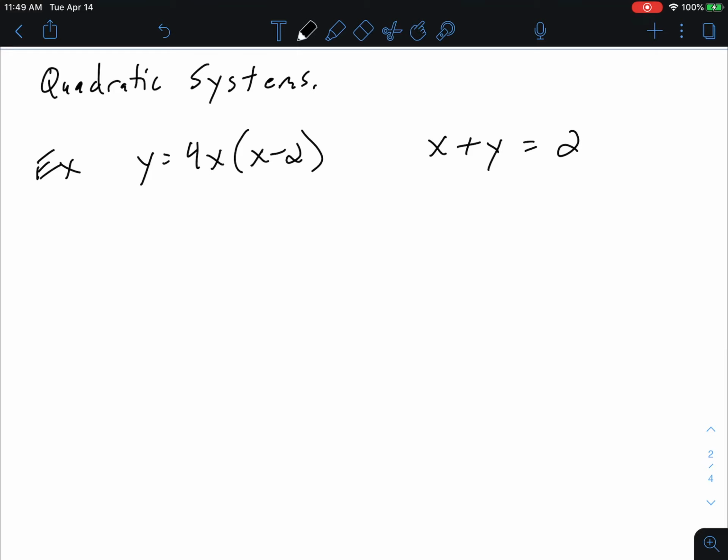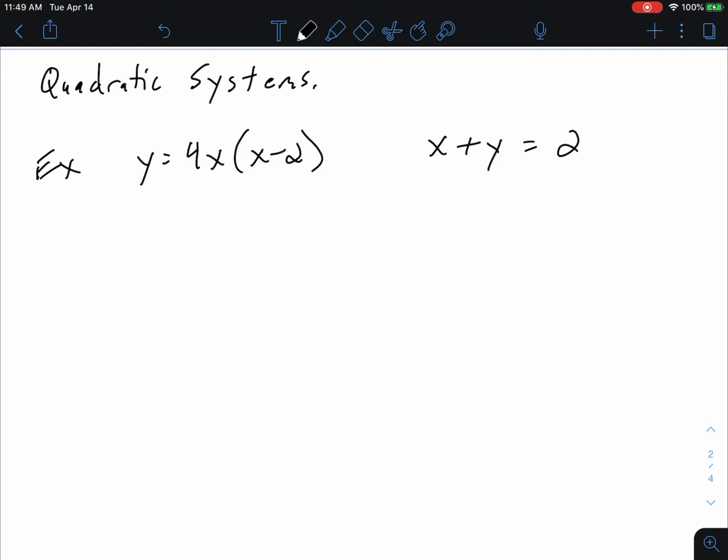Okay, and I think this is the last thing for today, working with quadratic systems. So we are solving systems of equations, which means we are looking for the point where these intersect.